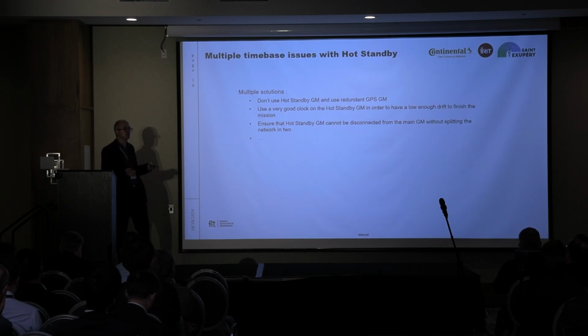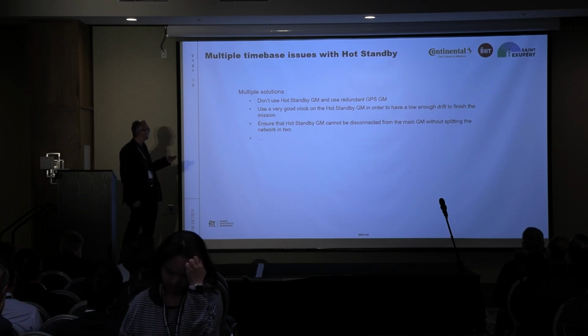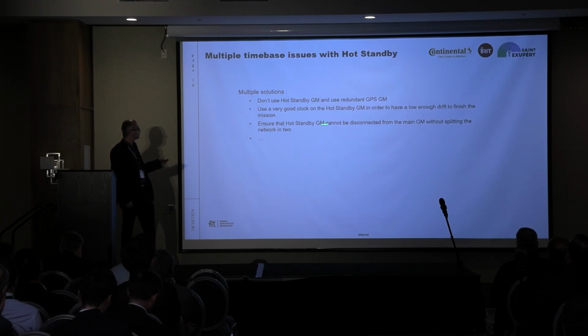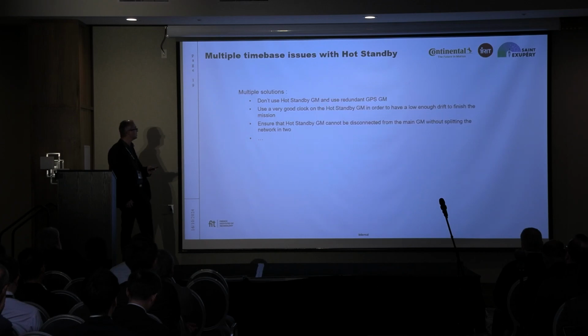I mean, a car usually would not run for more than, let's say, 24 hours. And if your drift is little enough, then maybe that's good enough. Or you can ensure that the hot standby GM cannot possibly be disconnected from the primary GM, time synchronization-wise, such that the network is split in two.